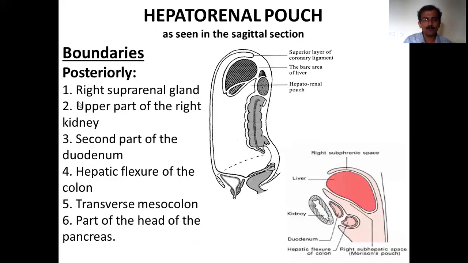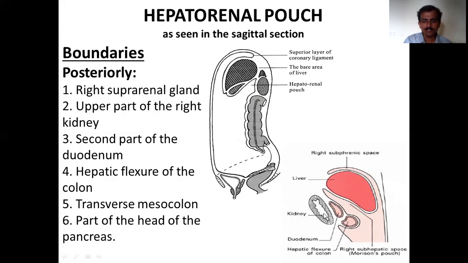So what are the posterior boundaries? Posteriorly you can see the upper part of the kidney, and above the kidney you know that there is a gland called the right suprarenal gland. Then the second part of the duodenum; in the lower picture you can see the second part of the duodenum makes the relation. In this picture, this side is the anterior and this side is the posterior.